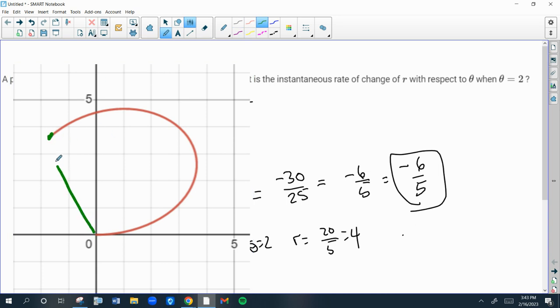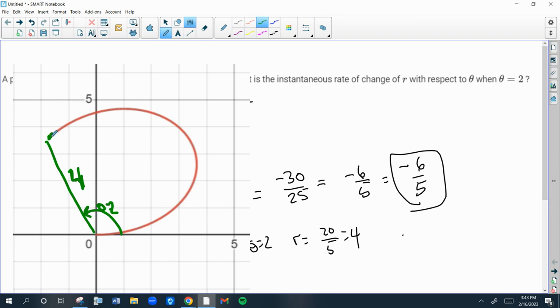So this is r. And theta is, by the way, 2, which makes sense here because theta would be about 1.5 here, pi over 2. Oh, I'm sorry. We said r was 4 and theta was 2. So this is where we're at. Theta is 2. r equals 4.